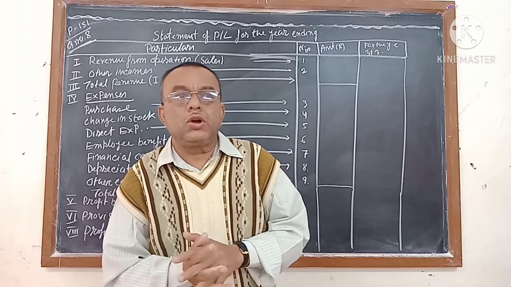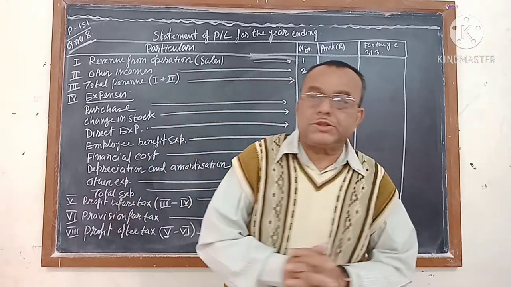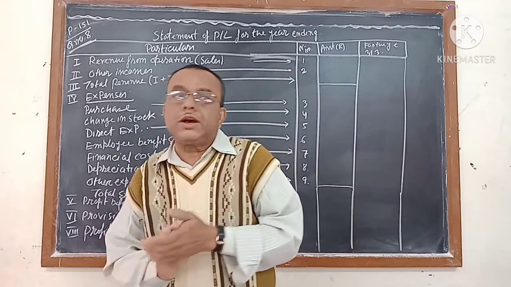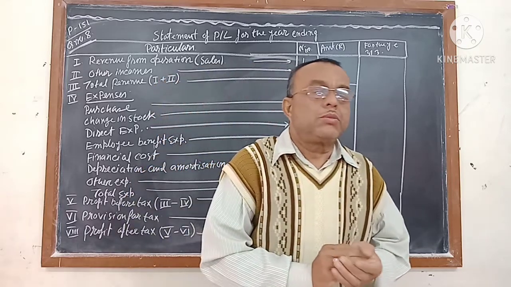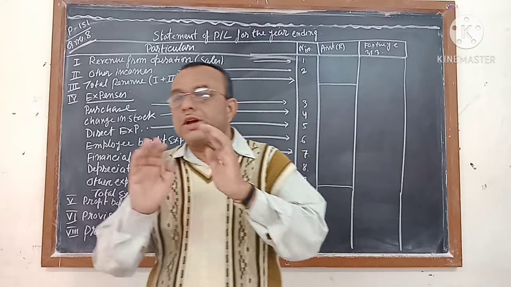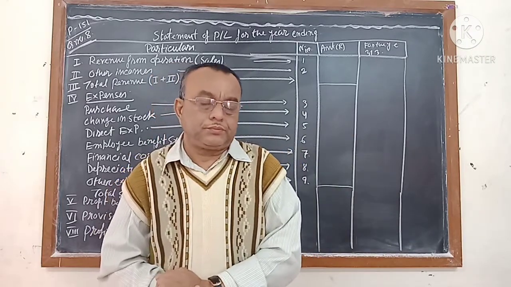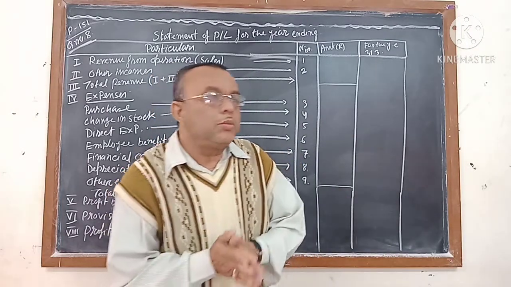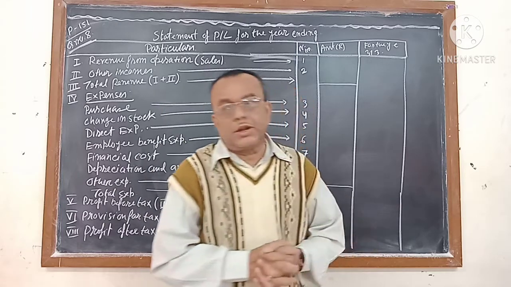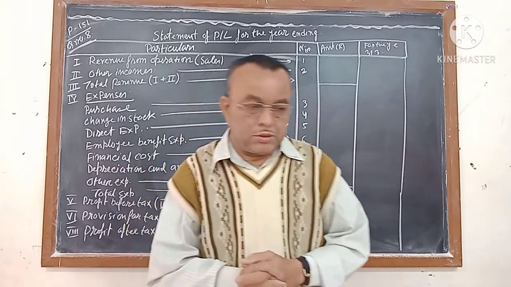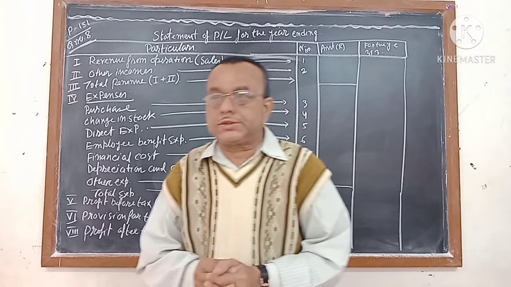Which chapter is going on, and on the basis of this chapter, what is there, what is not there, from top to bottom, you have to have all this idea. Then only it will be easy for you to understand and solve any type of questions.